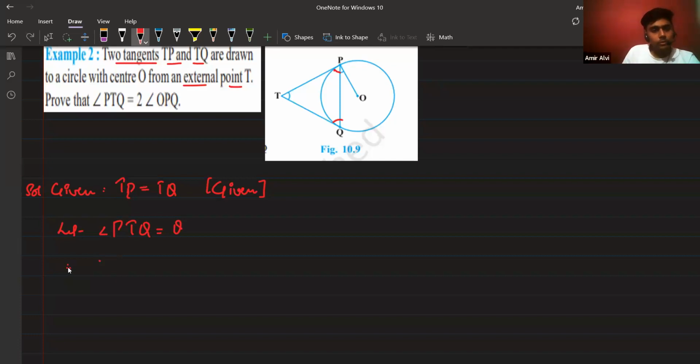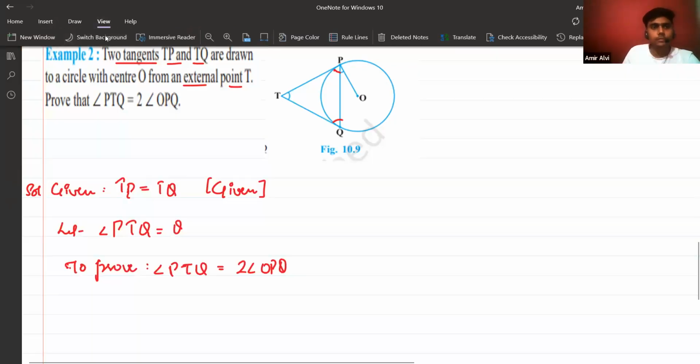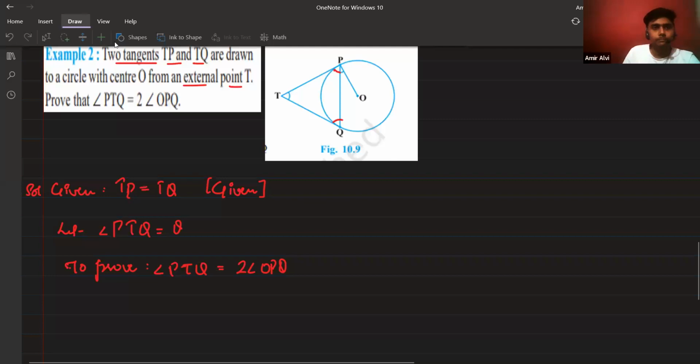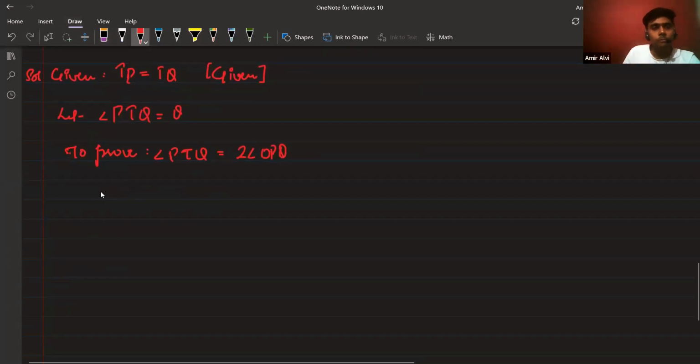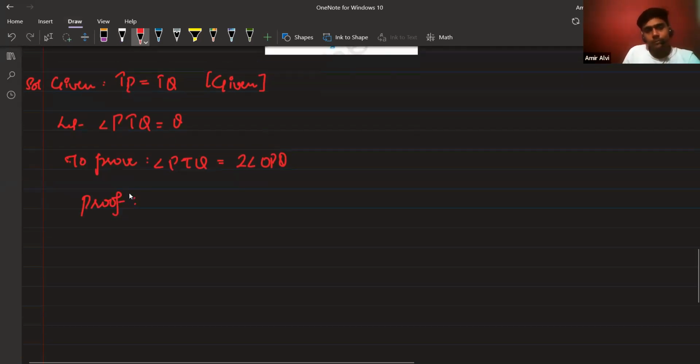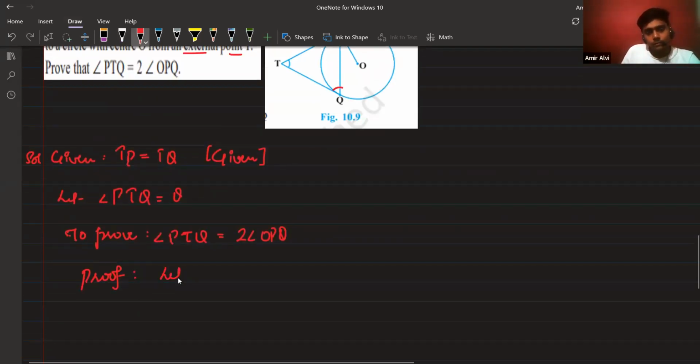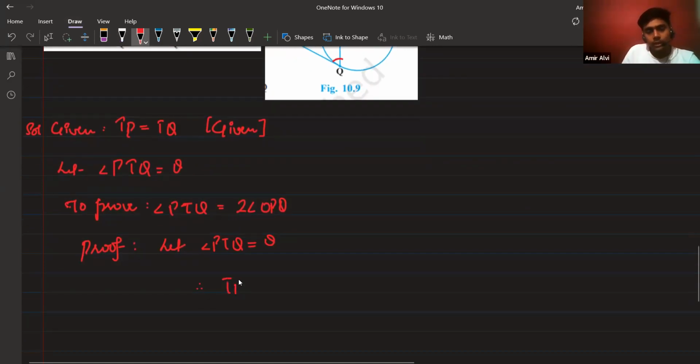So basically, to prove: angle PTQ is equal to twice angle OPQ, that we need to prove. So the proof part comes here. Okay, I will erase that here. Let angle PTQ be equal to theta. TP is equal to TQ, given.